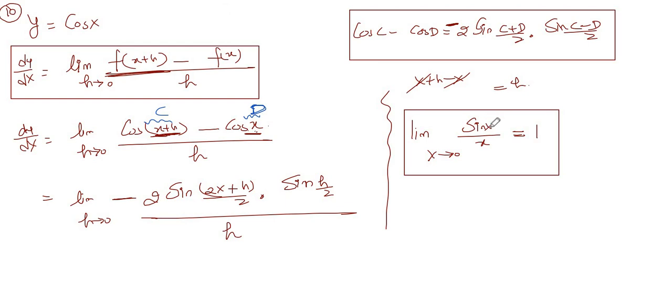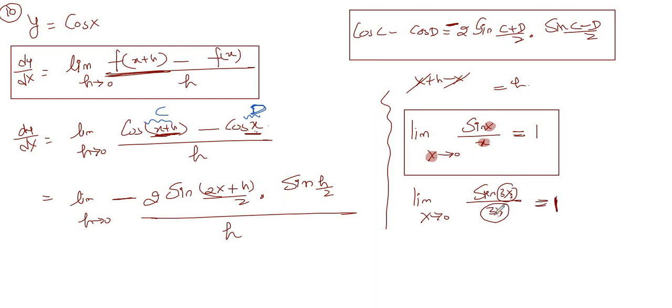In this formula, the condition is that this x and this x should match. Suppose limit x is tending to 0, if I have sine of 3x, then this should be 3x, then also it is 1. Up and down, these two things should match. Then this formula says 1 always.